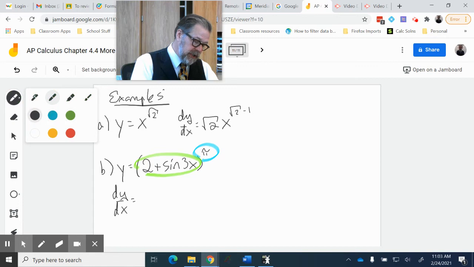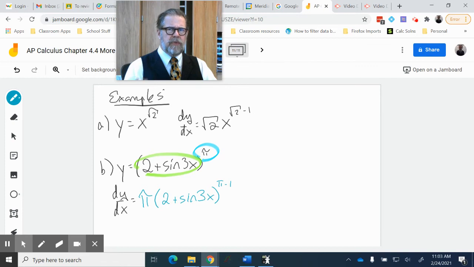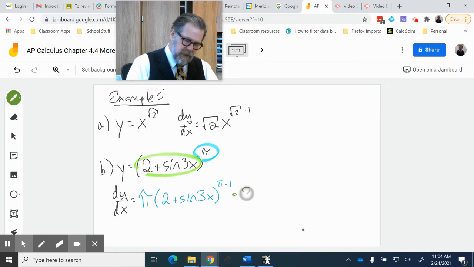So the initial step here is pi times 2 plus sine of 3x to the pi minus 1. And there's a temptation to forget the derivative of the inside; times the derivative of the inside, which is 3 cosine of 3x. And so there's your derivative.